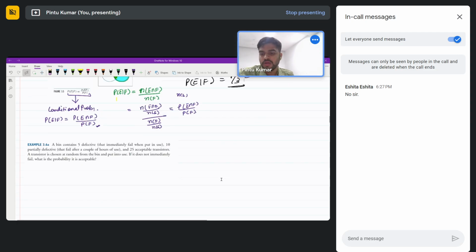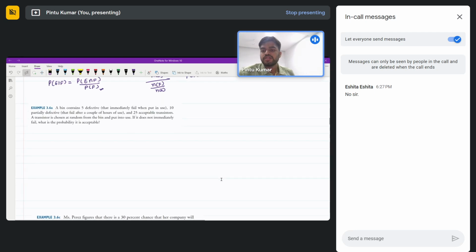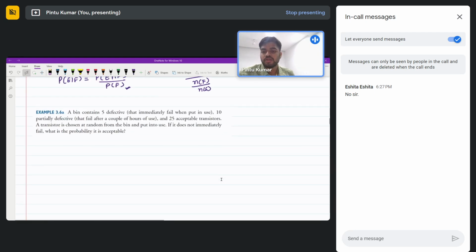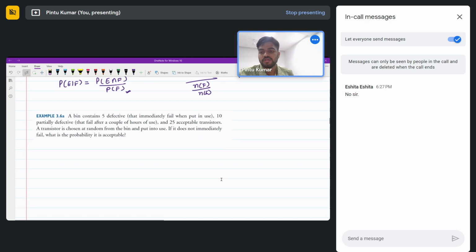Okay, so here is a question based on conditional probability. The question says that a bin contains 5 defective transistors that would fail immediately if put in use, 10 partially defective ones that would fail after a couple of hours of use, and 25 acceptable transistors. A transistor is chosen at random and put into use.